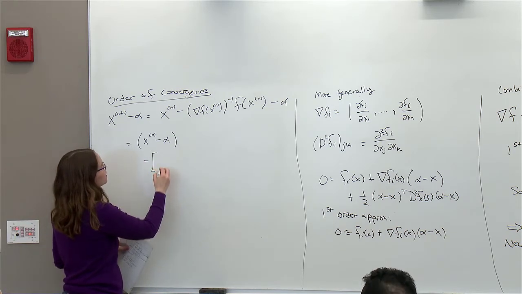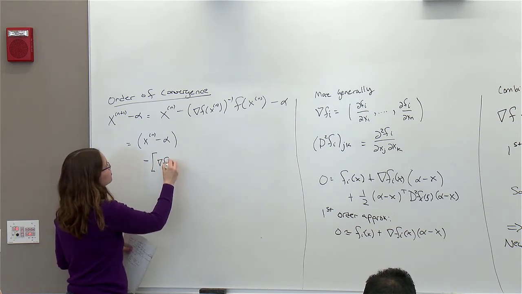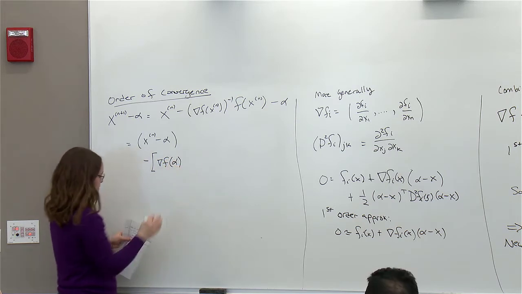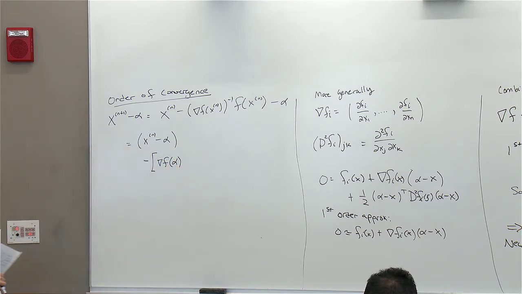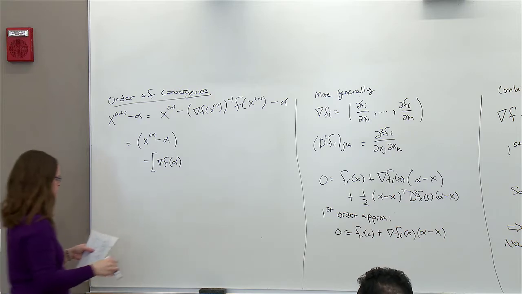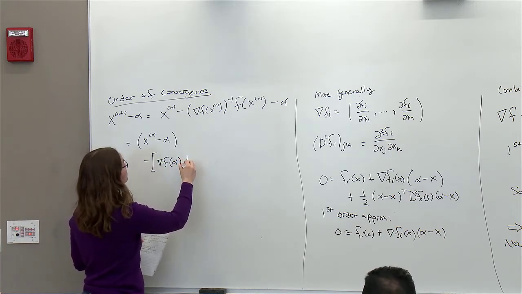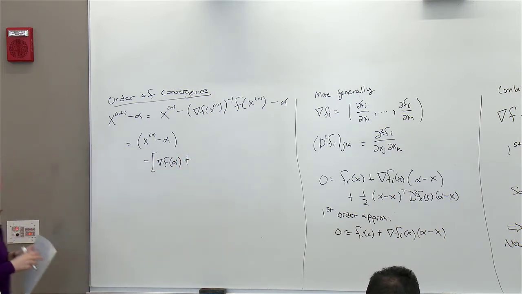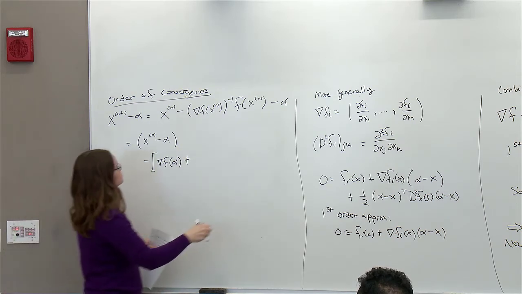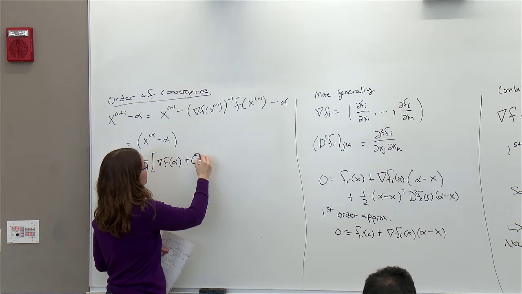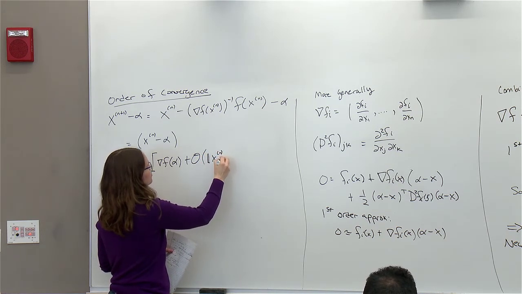Okay, so for this part, I'm going to put this in terms of alpha, and then plus some error. The error is going to be on the order of xn minus alpha.